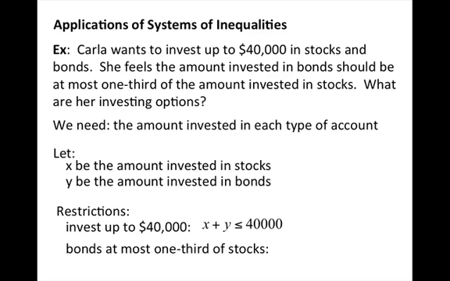Well, the amount invested in bonds was Y, and that's going to be compared to 1/3 of the amount she invests in stocks, which is X. Well, I want the bonds to be at most 1/3 of the stocks. So that means that the amount invested in bonds can be less than the amount invested in stocks, but not greater than it. So this gives me Y is less than or equal to 1/3 X.